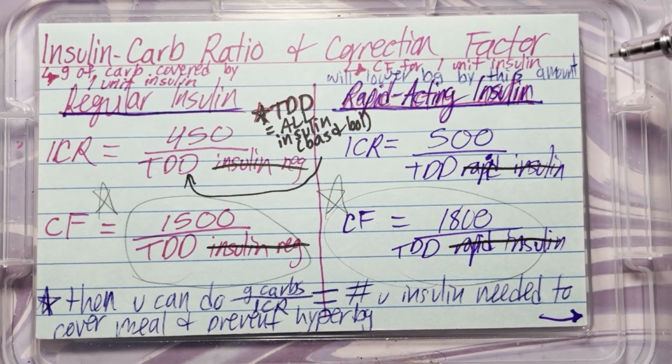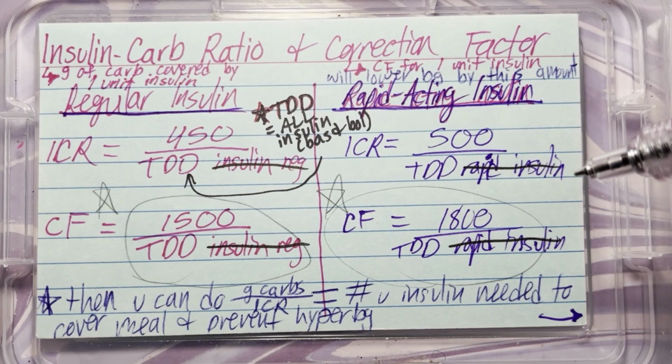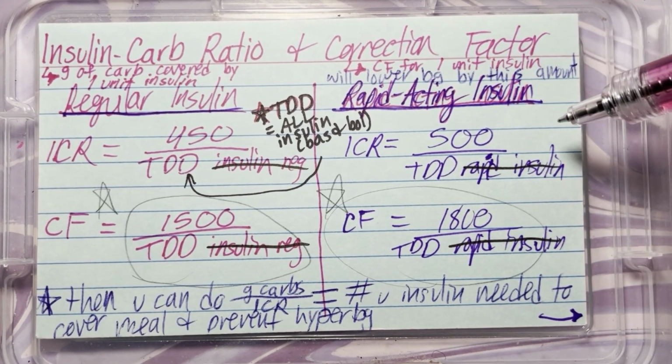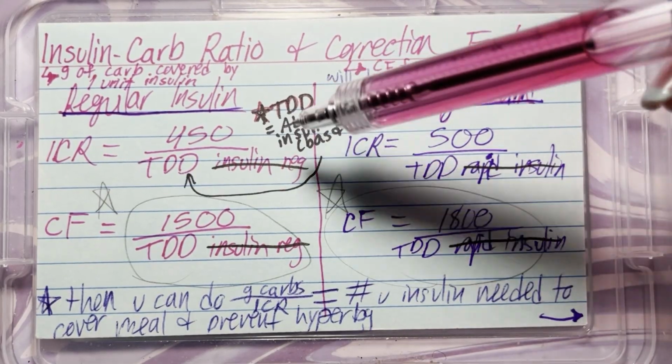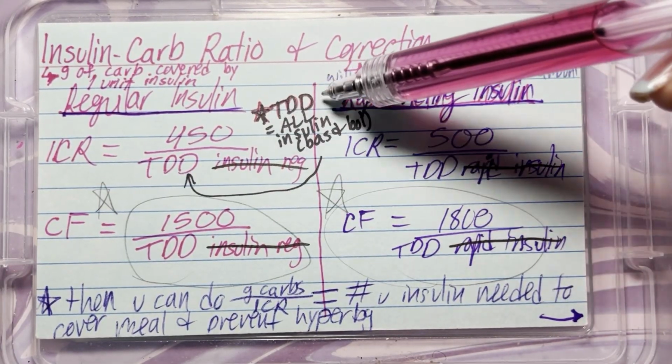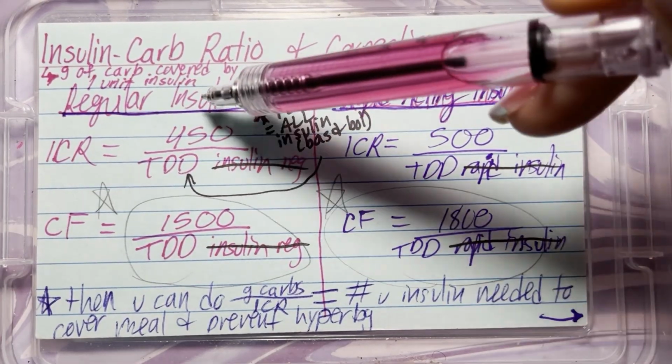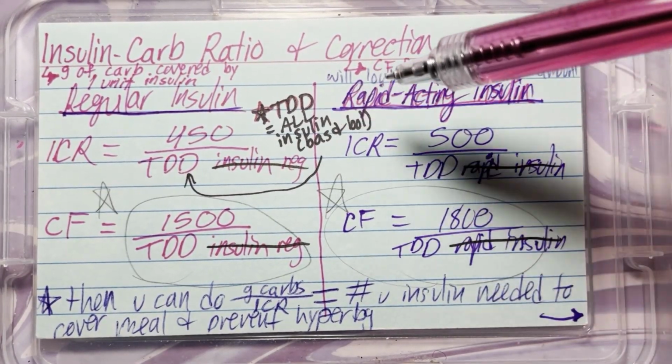Whatever number you get, that's how much it'll lower the blood glucose per 1 unit. And remember, when you're calculating this, the total daily dose is all insulin, basal and bolus, not just the regular, not just the rapid acting, it's all the insulin.